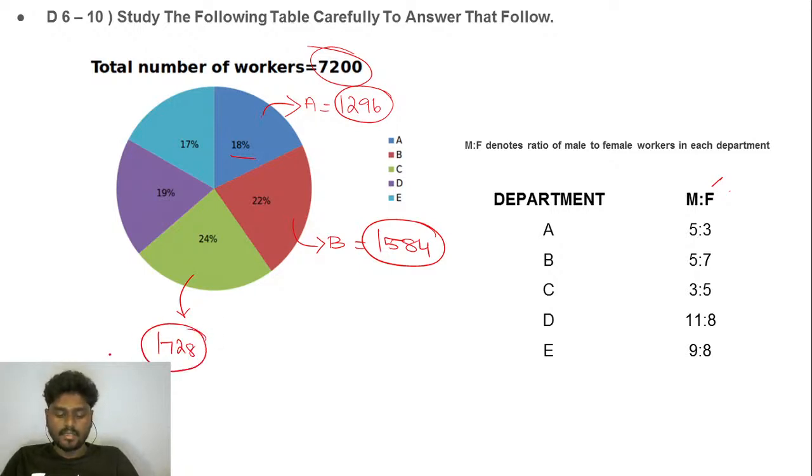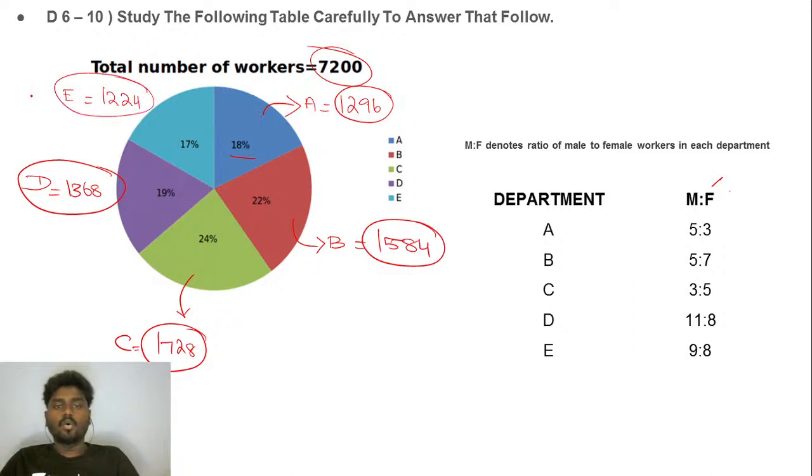And in department D, you have 19% of 7,200, which is 1,368. And in department E, you have 17% of 7,200, so department E has 1,224 workers. These are the exact number of workers in the 5 different departments.